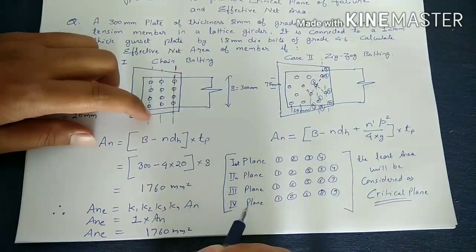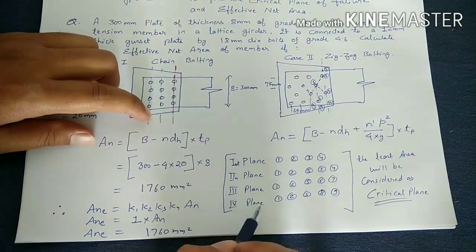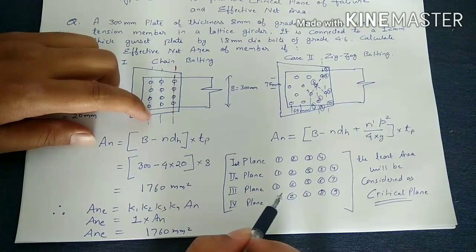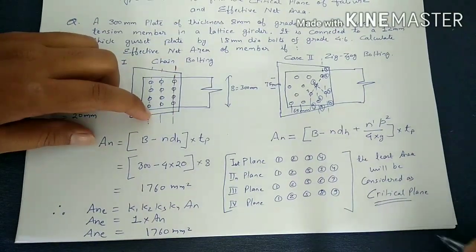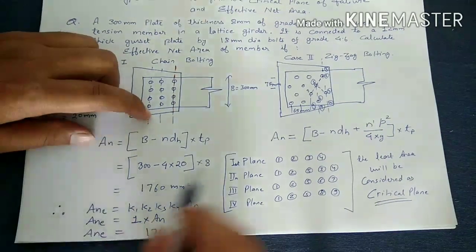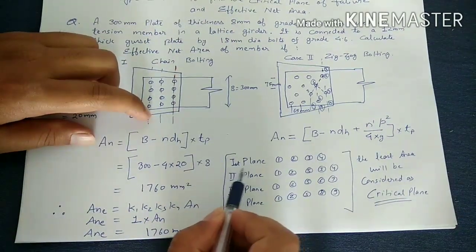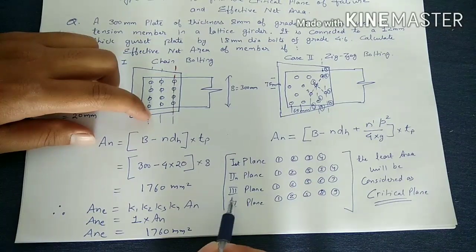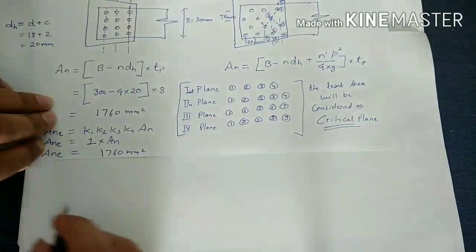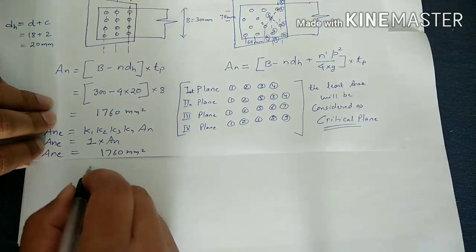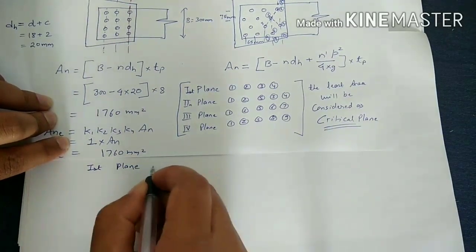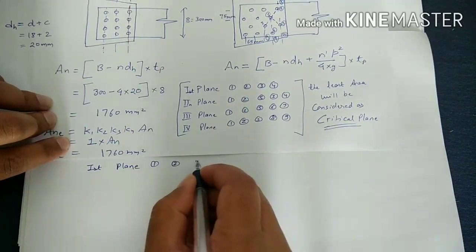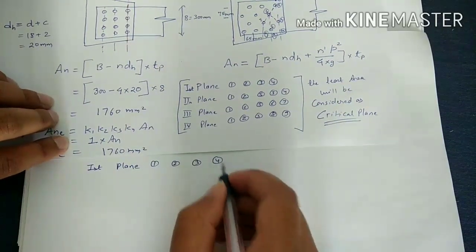Out of these 4 planes, the plane which will give the least area will be considered as the critical plane of the member. So first we have to find the net area for all these planes, considering the first plane, 1, 2, 3, 4.